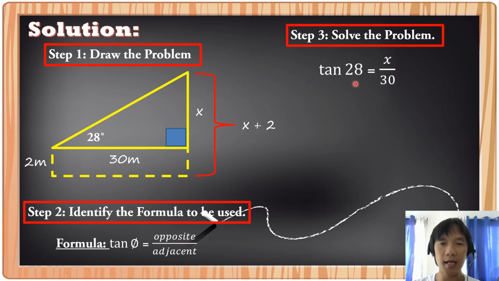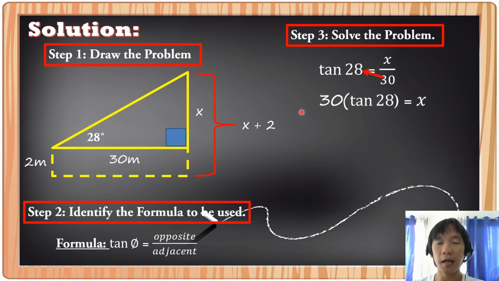Change the theta into 28, then equal, then your opposite side is unknown, that is your x, and your adjacent side is 30. Applying cross multiplication, so that will give you 30 times tangent 28 equal to x. Or to easily solve it, you can simply write it as x equals to 30 times tangent 28.